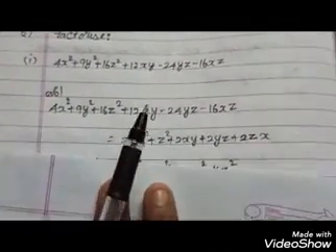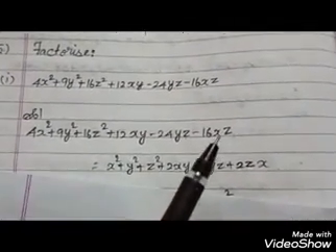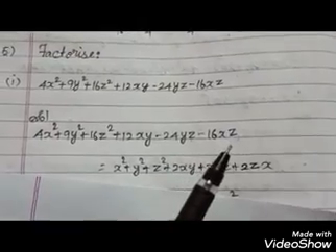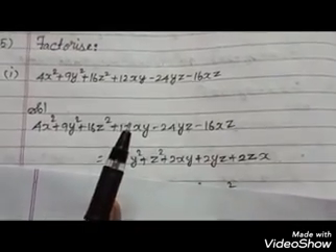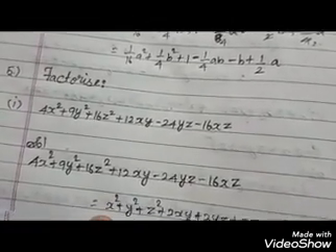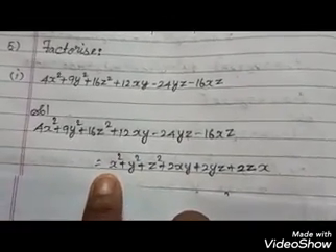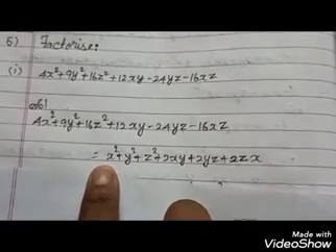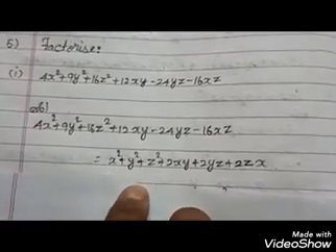So this is equal to x square plus y square plus z square plus 2xy plus 2yz plus 2zx. By comparing each term, you find the values of x, y, z, and you know how to factorize it.